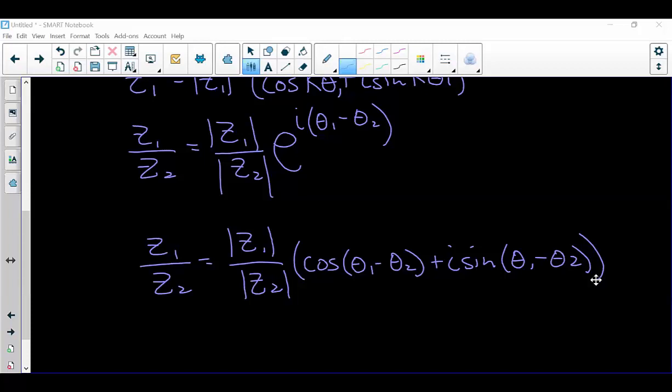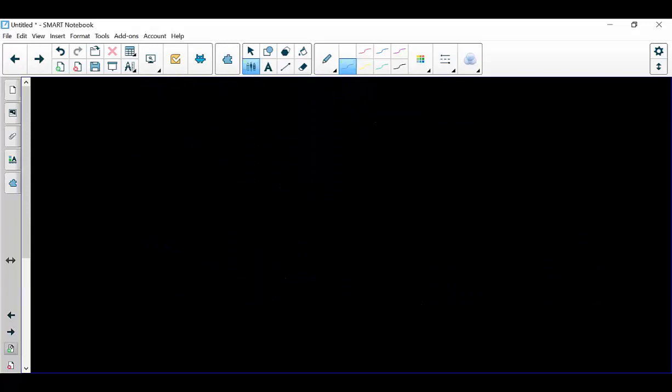Okay, so let me come up with a couple of complex numbers here. Okay, here we go. Let's suppose that Z1 is equal to, let's say, 4 plus 4 square roots of 3 I. That's good.